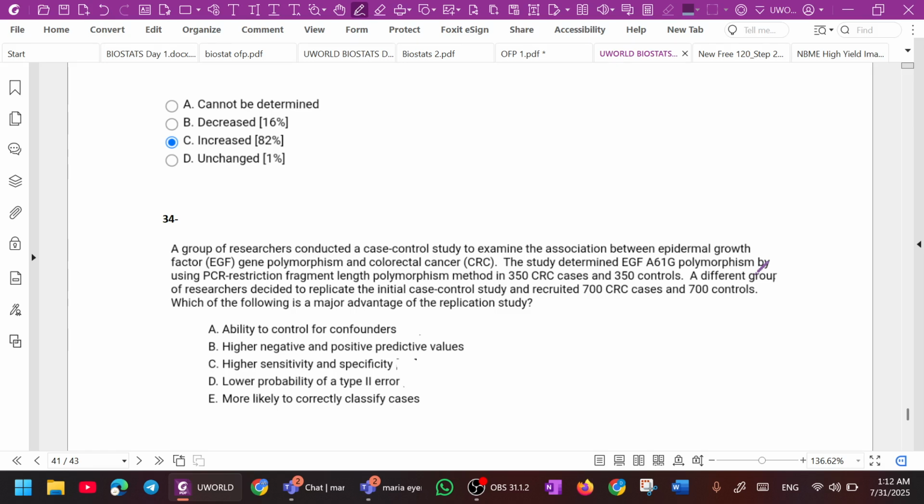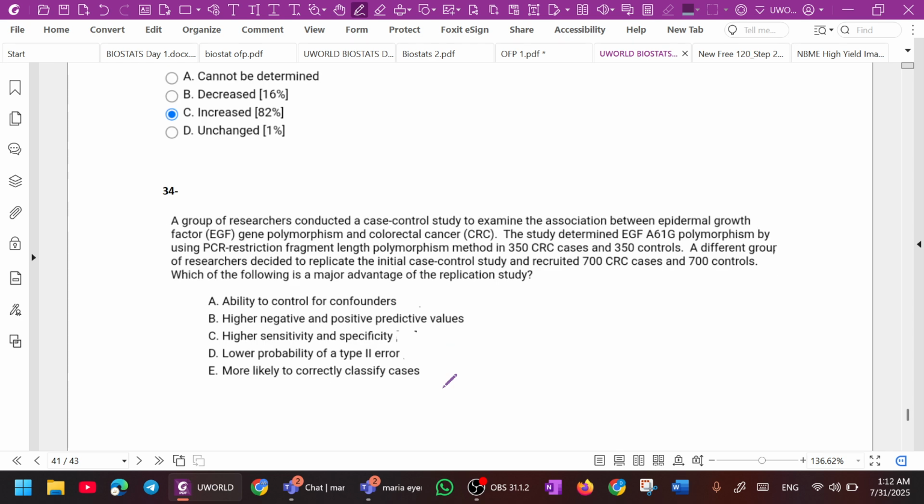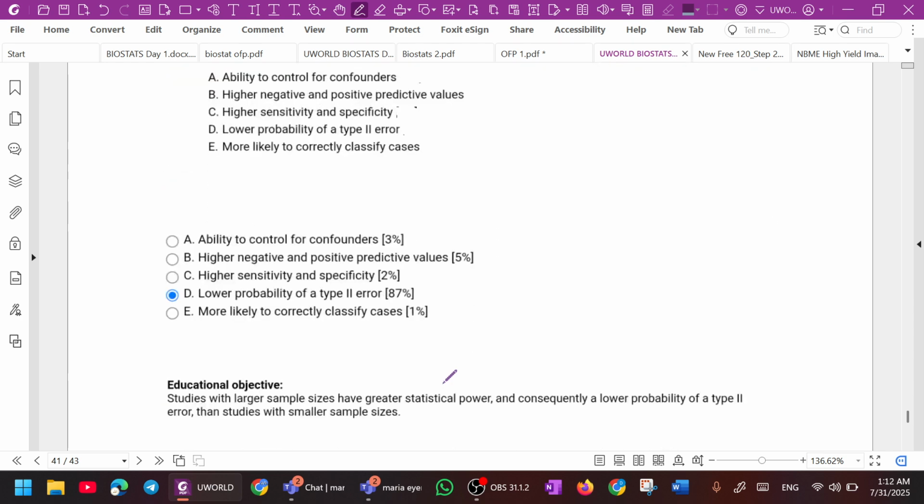I like how you explain it. I know it makes sense in your mind. Okay, read the educational objective. Studies with a larger sample size have greater statistical power and consequently a lower probability of type 2 error than studies with a smaller sample size.